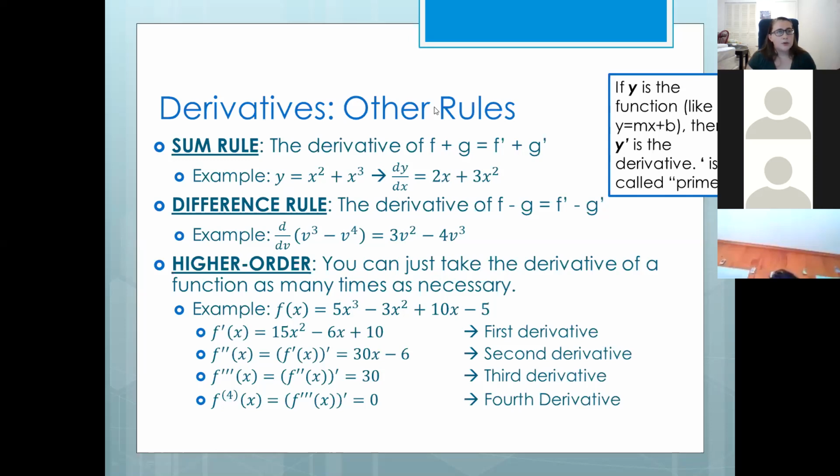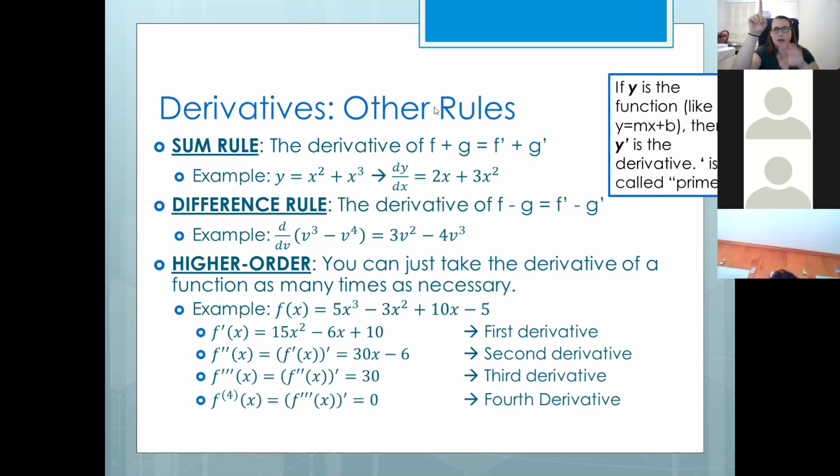Joshua, you say also 10 to the 1 minus 1. Anything raised to the 0th power is 1. So for 10x in our function, if we apply the power rule, we can imagine that 1 is the exponent of x, so 10x to the 1.